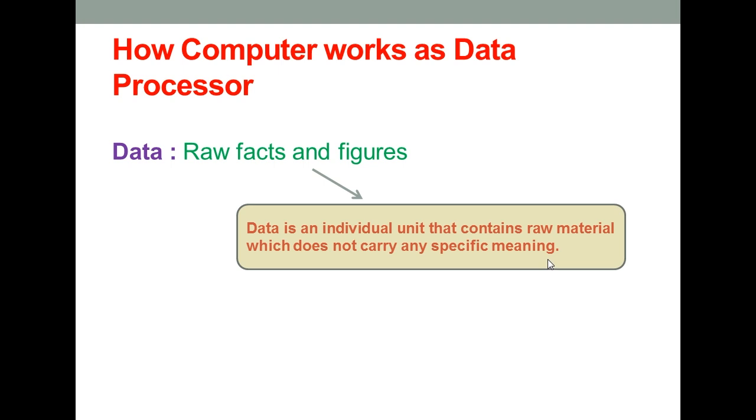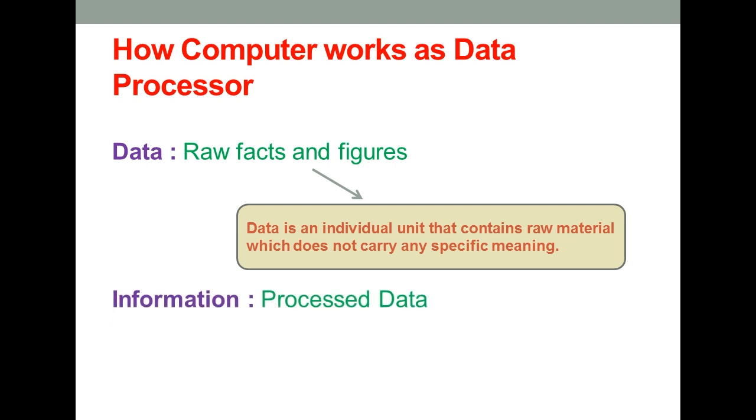For example, you have written 500, but what is this 500? You haven't put any unit before that. That means whether it is a number, whether it is in rupees, whether it is any ID, what is it? As soon as you write rupees before this 500, then it will be known as information.